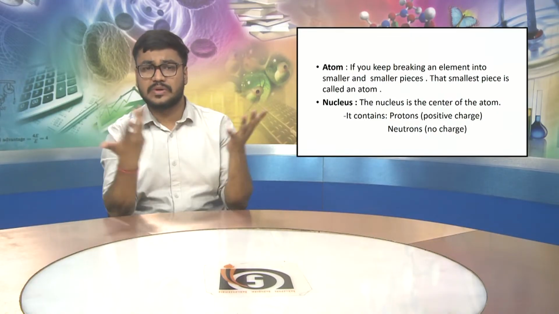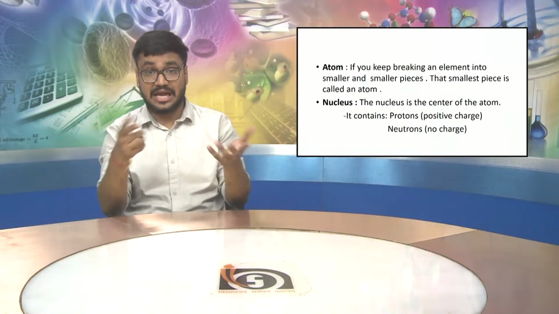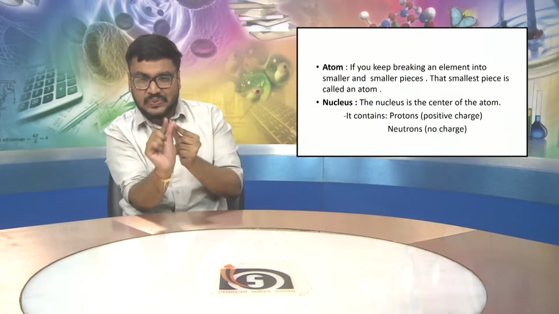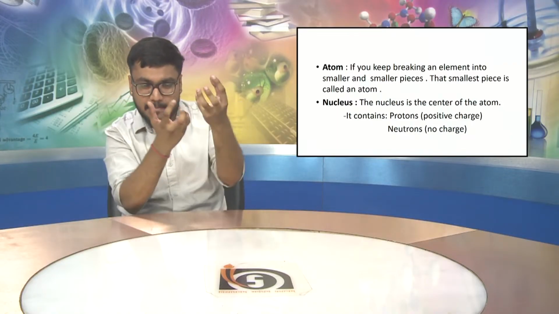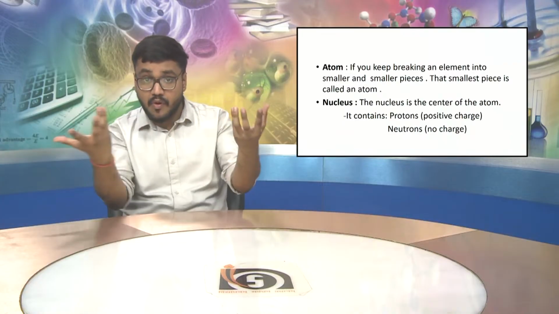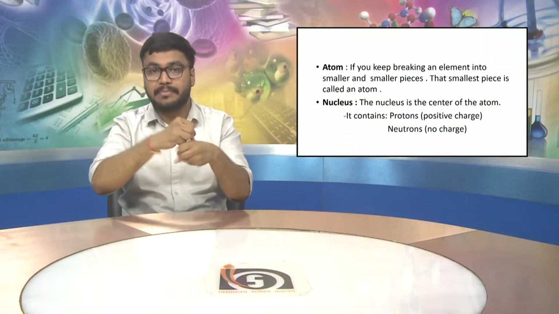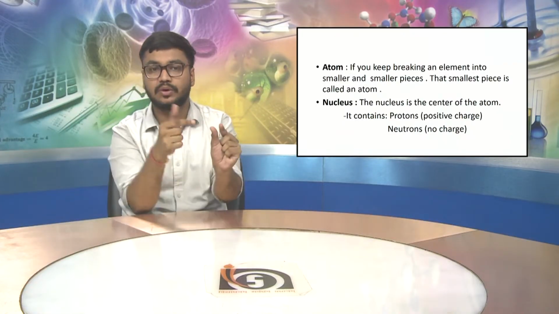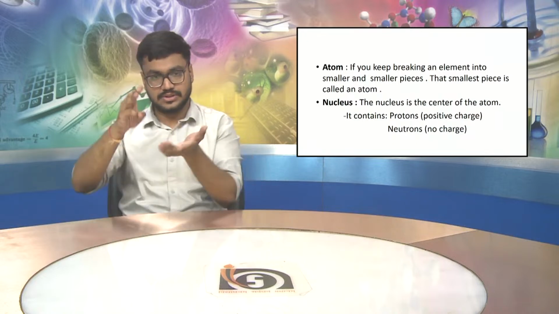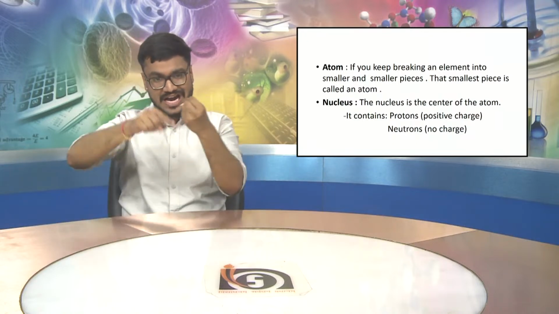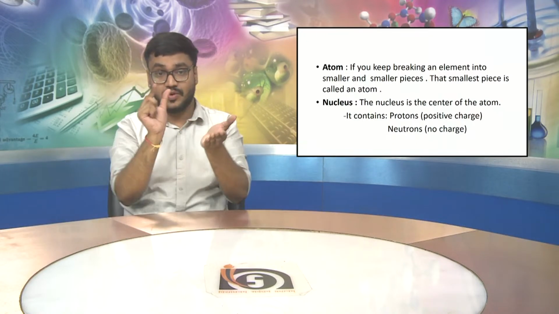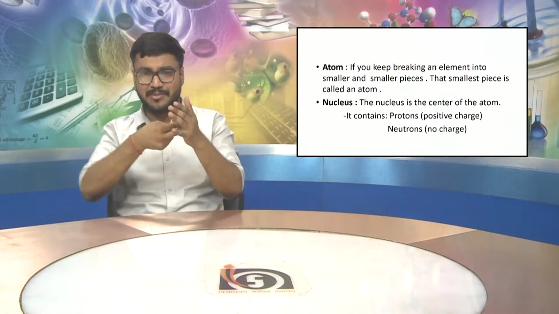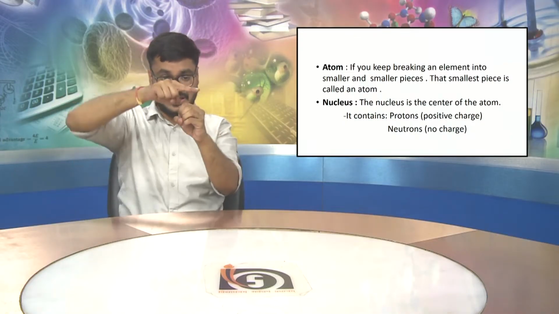Second is atom. If you keep breaking an element into smaller and smaller particles, at last that smallest piece, which you are not able to see even through a microscope, is called an atom. Next is nucleus.